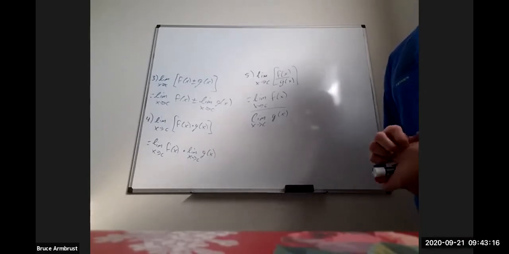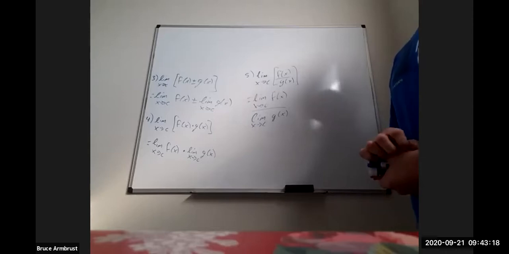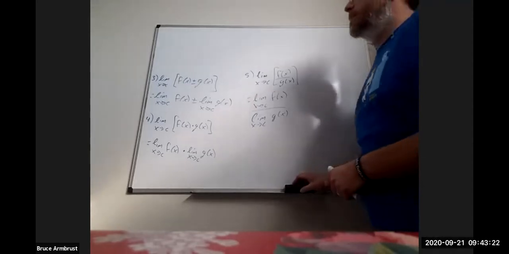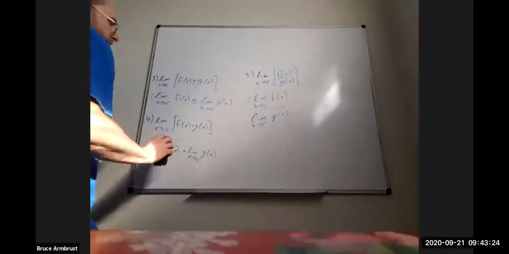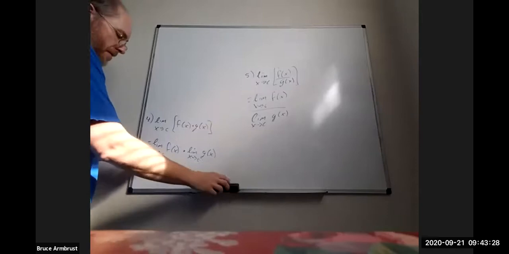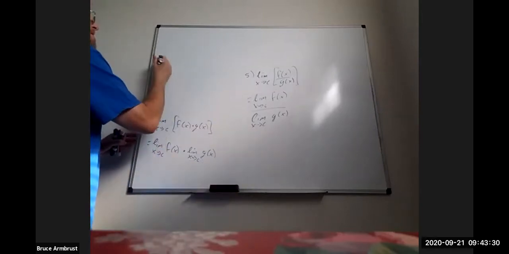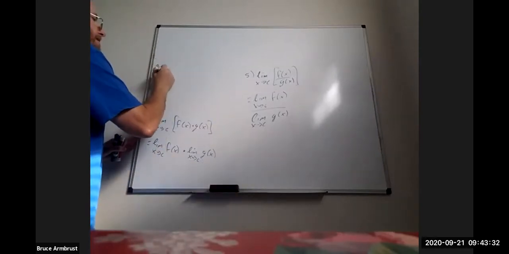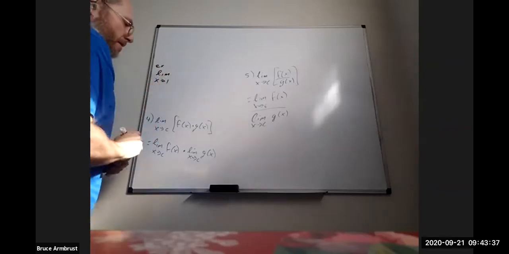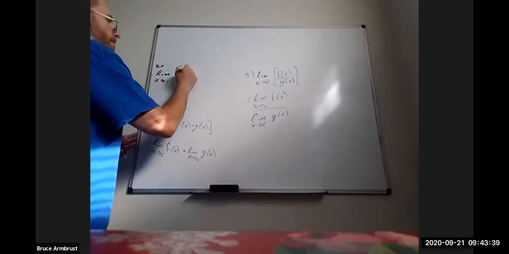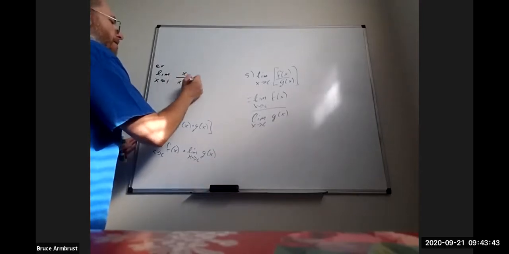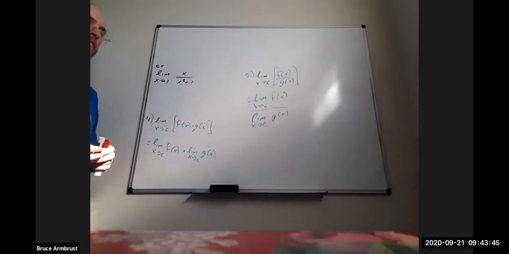All right, so let me show you how we use these rules to evaluate a more complicated function. So for example, let's do the limit as x approaches 1 of x over x squared plus 1.